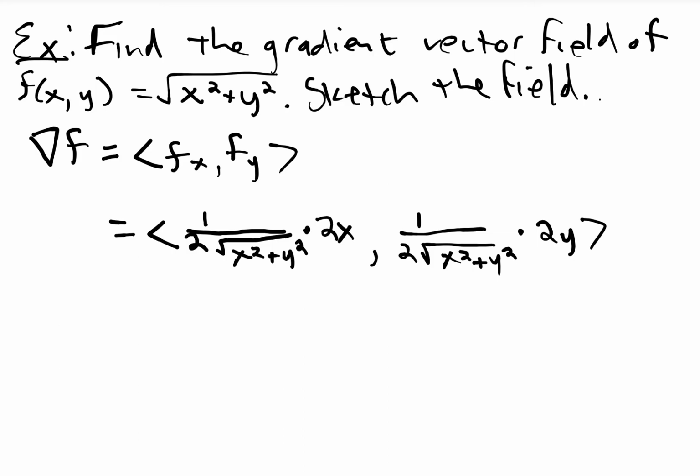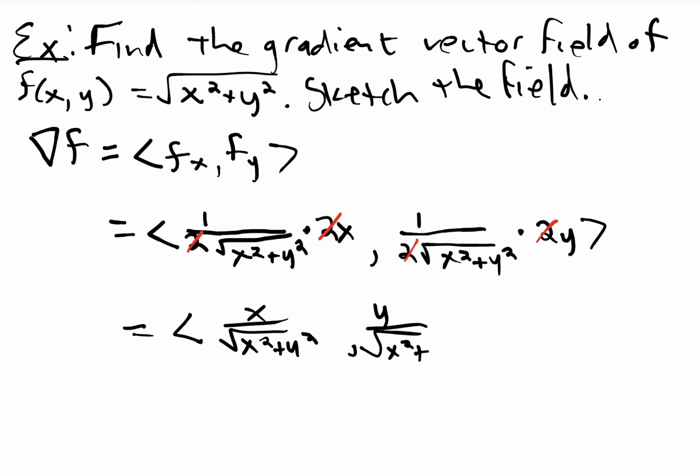Now, I can clean this up a little bit, maybe write this in a slightly nicer format. So ultimately, what I've got is x over this square root, comma, y over this square root, okay? This is my gradient for f, okay? So we have found the gradient vector field, so as far as that initial request for this problem, done, okay?